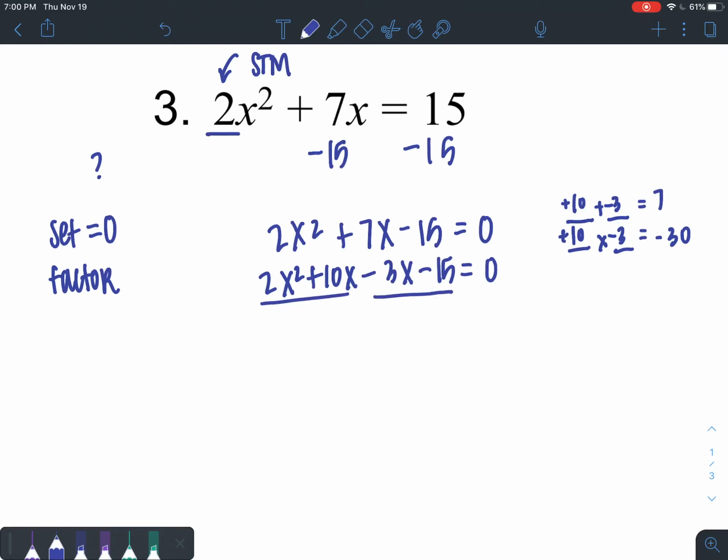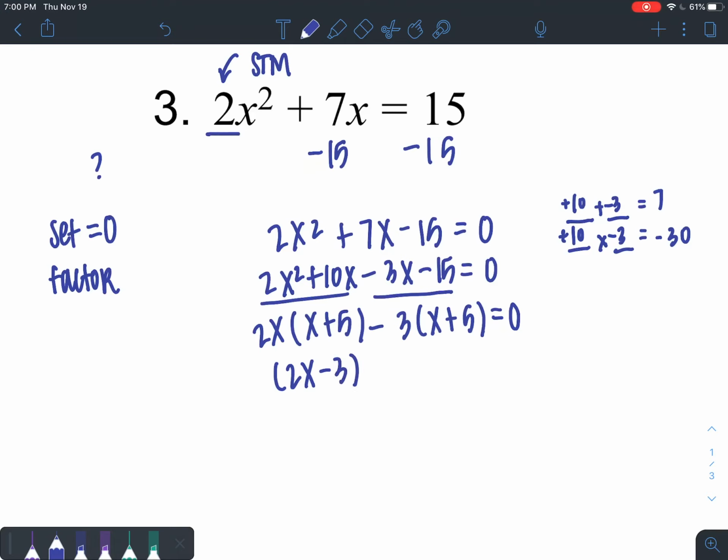GCF of 2x squared and 10x is 2x, times x plus 5. Factor this next one, we have negative 3 times x plus 5. Then we have (2x minus 3)(x plus 5) equals 0. All right, now we're factored.